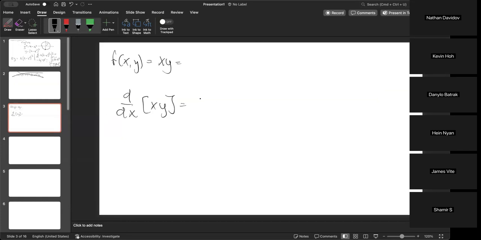Hold on here. f g prime plus g f prime. Oh, hold on, wait. I made a mistake here. What am I doing here? Hold on, I'm being a little irrational here. It's just implicit differentiation, but it's not coming out right.